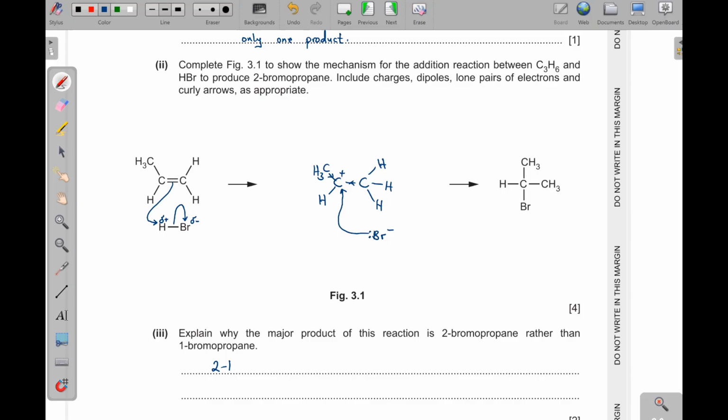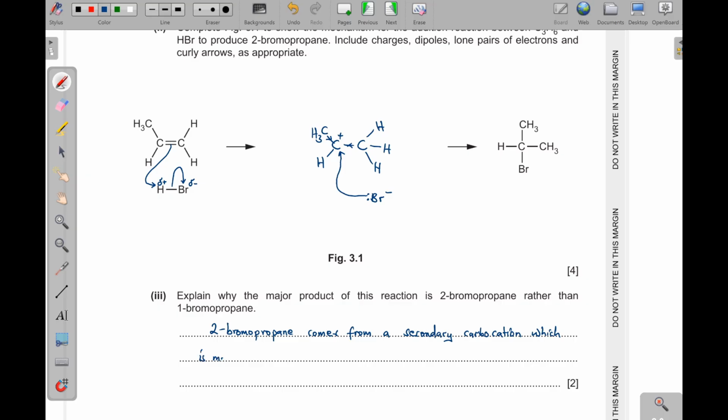So we can say that 2-bromopropane comes from a secondary carbocation, which is more stable than the primary carbocation. Full stop.